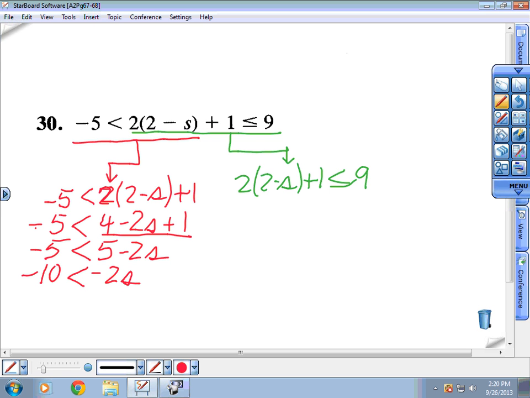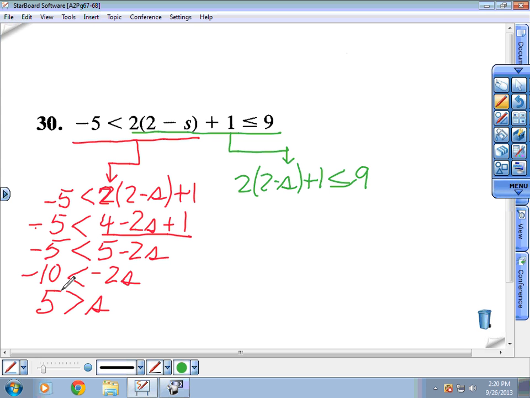And now I'm dividing by a -2, which means if I divide or multiply by a negative number, I'm going to flip the sign. So when I divide by a negative number, -2, I'm just going to get s over here, but this sign has to flip to point the other way. And now I divide -10 by -2, and I get a +5.